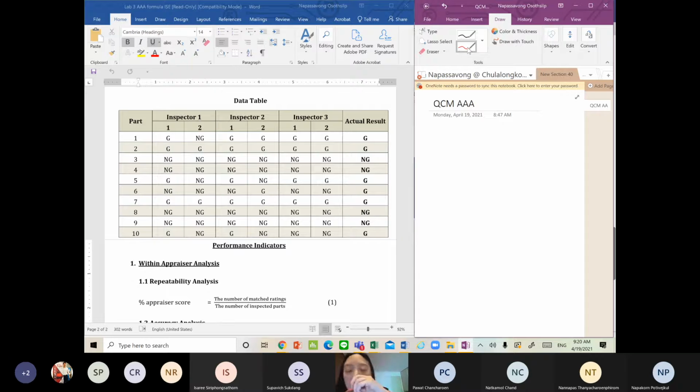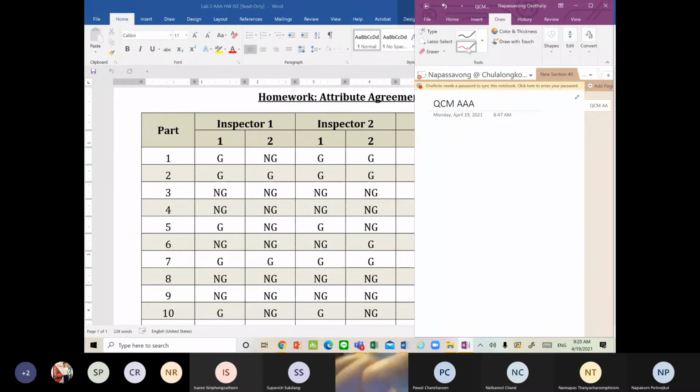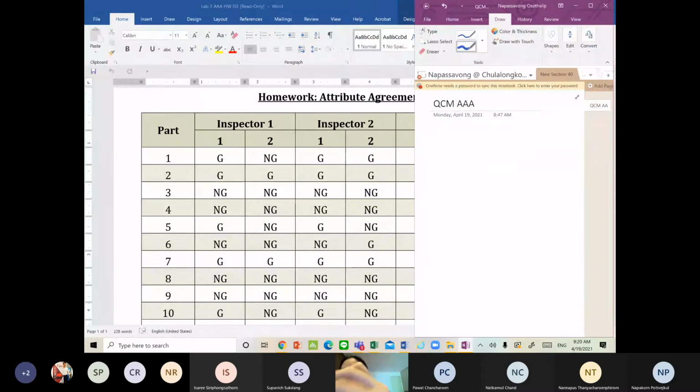Suppose we have a part like this, and if there is no defect at all appearing on the part, we will say that this part is a good part.